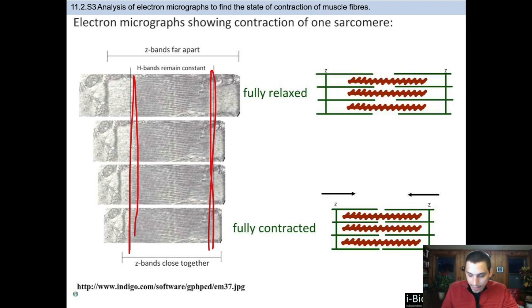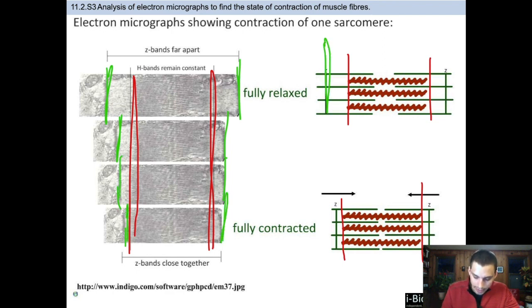And we can see the same thing on our diagram over here. We can see that the myosin maintains the same width. But what changes is the Z bands go from being out here, and over time they get closer together. So the contraction is really a function of the Z lines moving closer together, and again we can see that in our diagram over here.